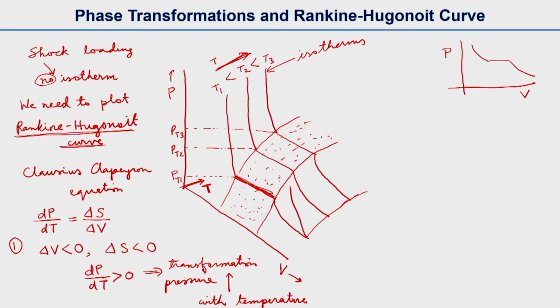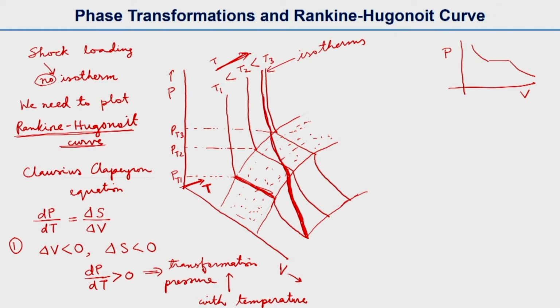Now we want to draw this Rankine-Hugoniot curve, which will go something like this. It's difficult to understand from this, but in the next slide I will show you. You just need to understand that this is not on a single PV plane like the earlier isotherm.